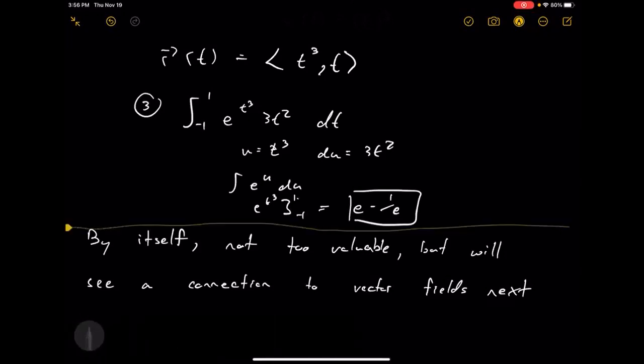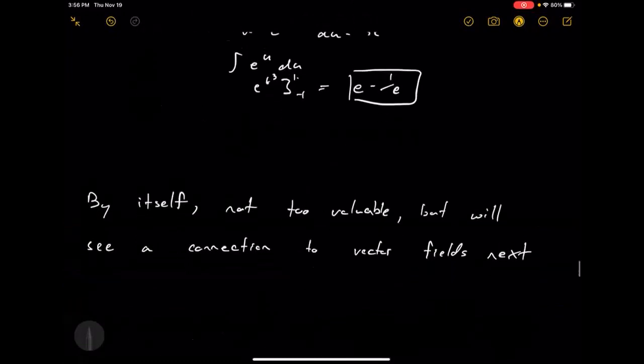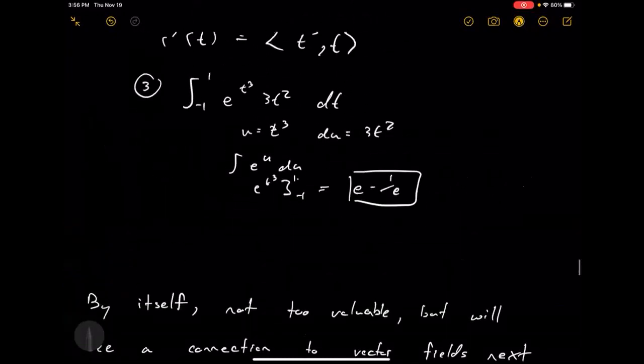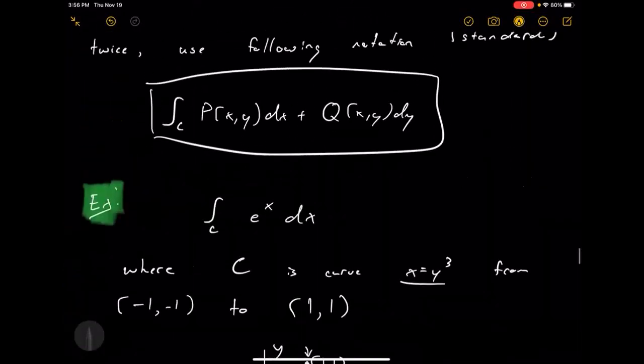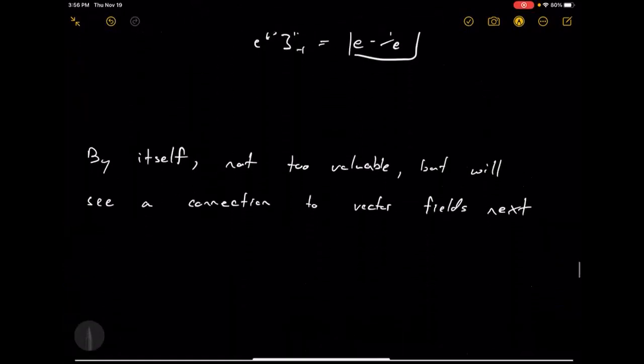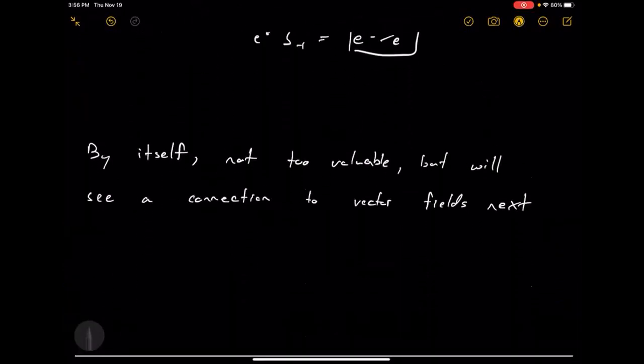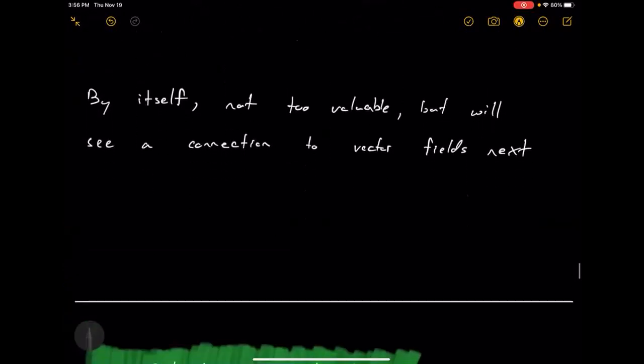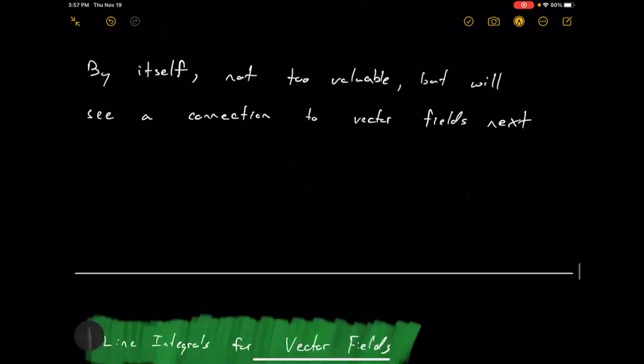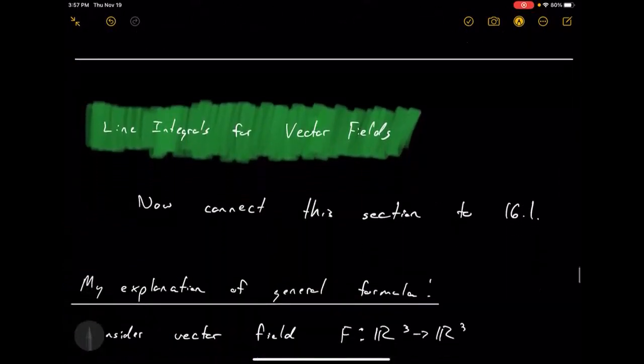Finding the line integral with respect to y is the exact same, it's just I would do everything in terms of y instead of x. Now again, by itself, these line integrals with respect to x and with respect to y are not too interesting, but they're going to become useful in this section.